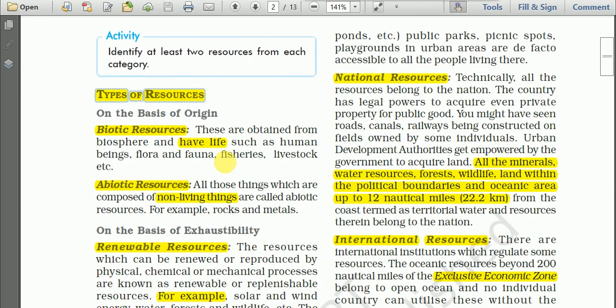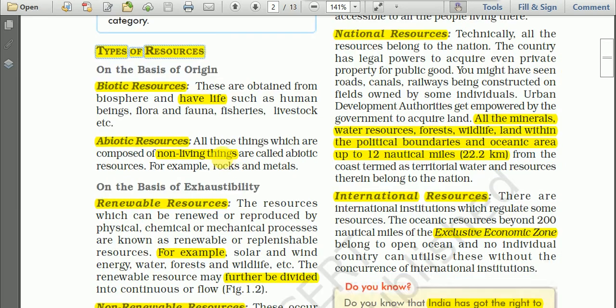Okay, types of resources. Here we shall discuss the different types in detail with examples. On the basis of origin, as we have read earlier, we have two important types: biotic resources and abiotic resources.